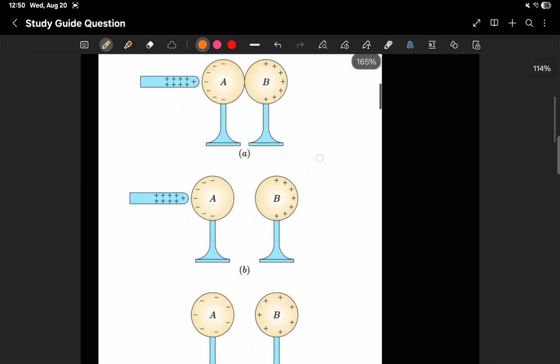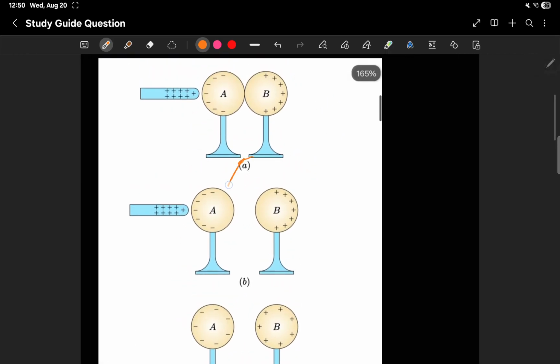So essentially, we're between step A and step B of what's going on.